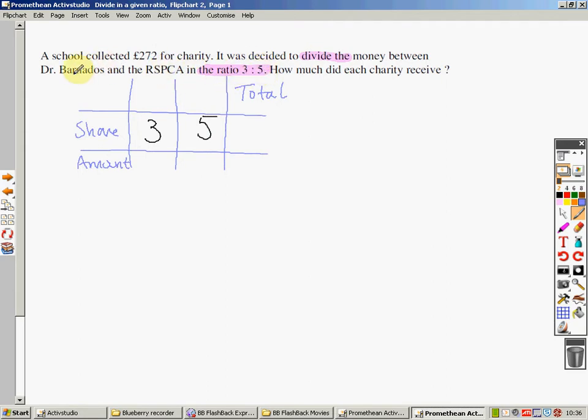Now Dr. Bernardo's came first and the 3 came first, so it's Dr. B there, and then RSPCA can go in there. I've also been given one extra bit of information that I haven't used yet, and that was that the total amount was £272. So I'm now going to fill in the total amount as being £272.